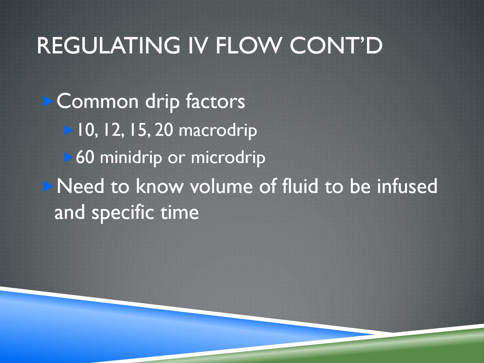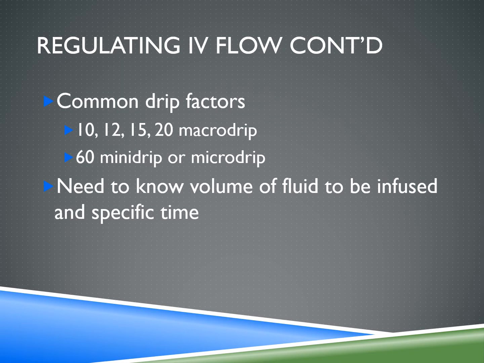The other one is your mini drip or micro drip. Both of those are correct, and that one is always 60. Now, here's the thing about 10, 12, 15, and 20. They are all factors of 60. So if you factored out 60, you would find a way to divide 60 evenly by 10, by 12, by 15, and 20.